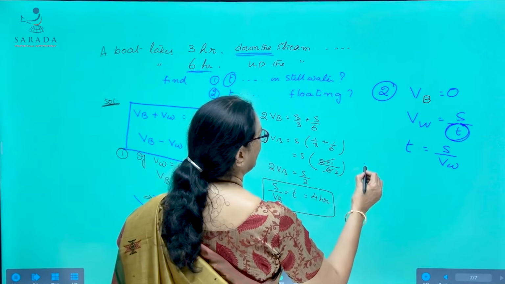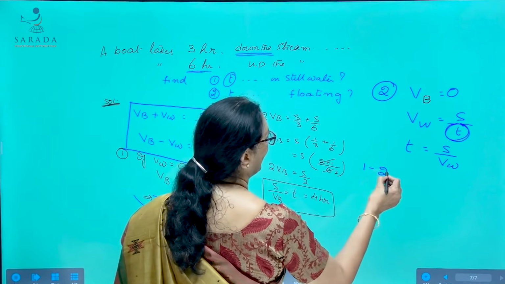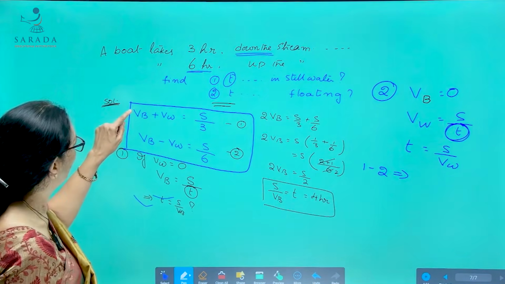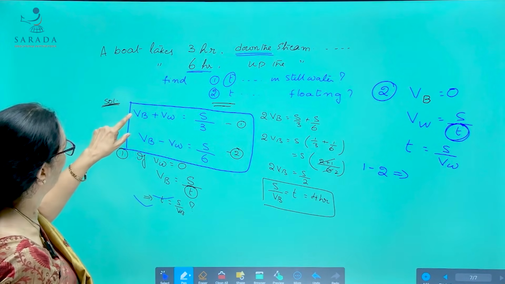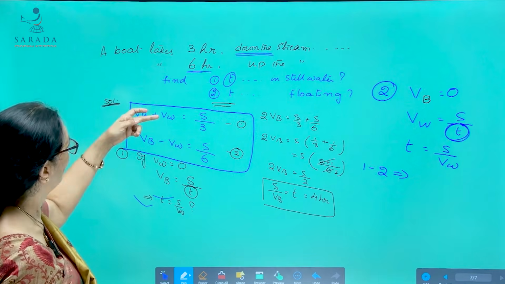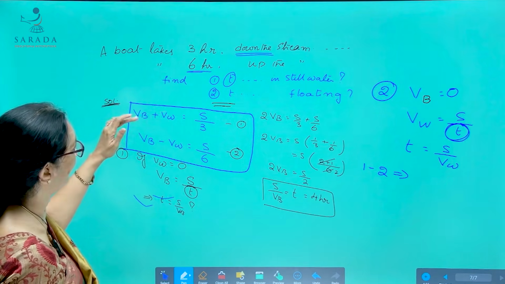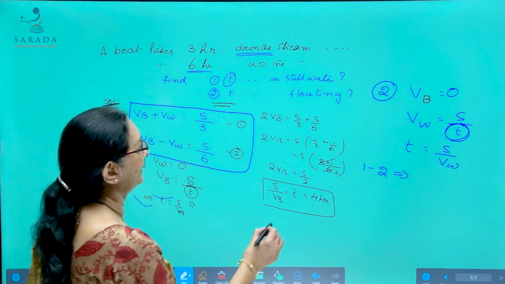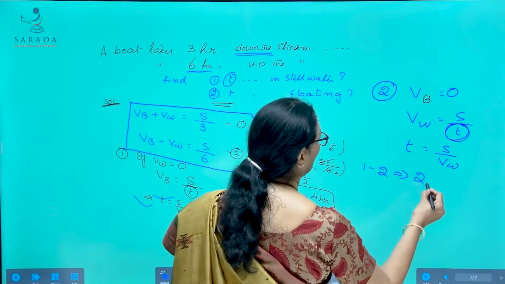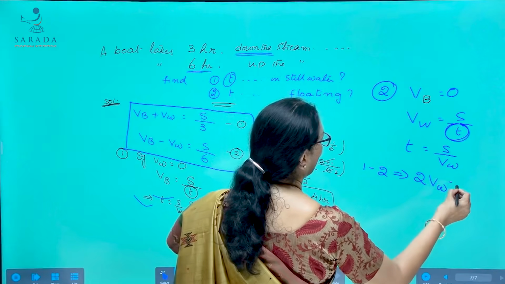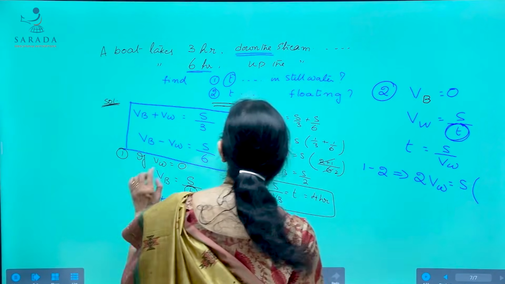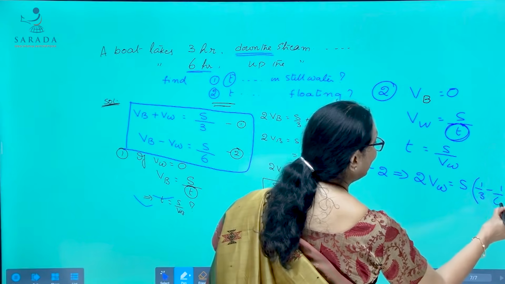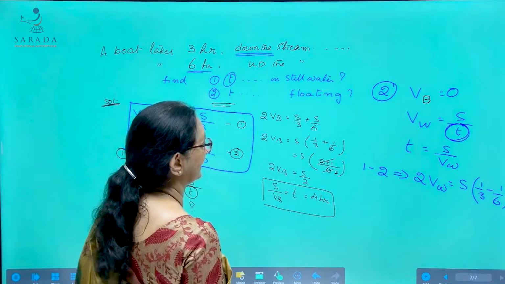So, subtracting 2 from equation 1, what do we get? VB gets cancelled. VW minus of minus VW becomes 2VW. That is, if you take S as a common factor outside, 1 by 3 minus 1 by 6, because you are subtracting this.